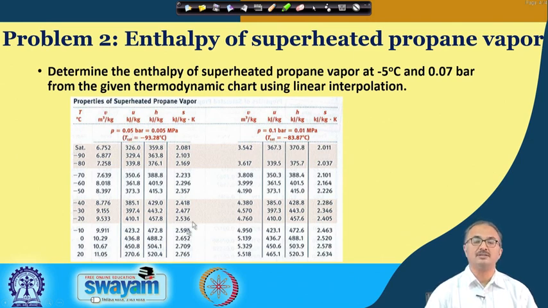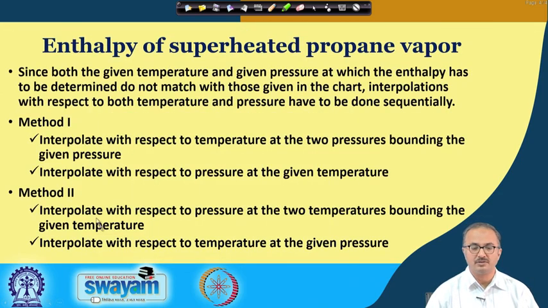That means the enthalpy has to be interpolated once with respect to the temperature and then with respect to the pressure. Since both the given temperature and pressure at which the enthalpy has to be determined do not match those given in the chart, interpolations with respect to both temperature and pressure have to be done sequentially.